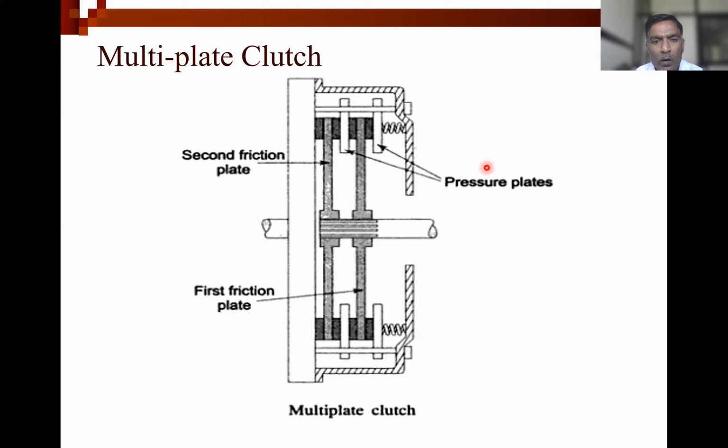So more than one clutch plate, more than one pressure plate, that assembly or such type of assembly is called a multi-plate clutch. So in many racing cars, such a multi-plate clutch is used as more torque transmission requirements are there.